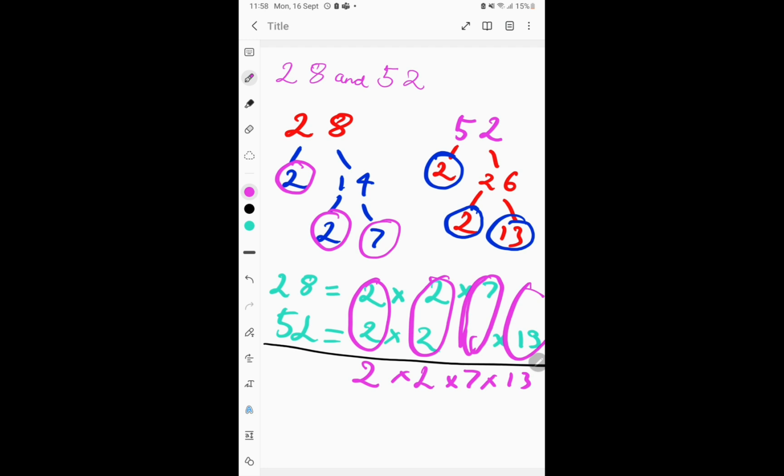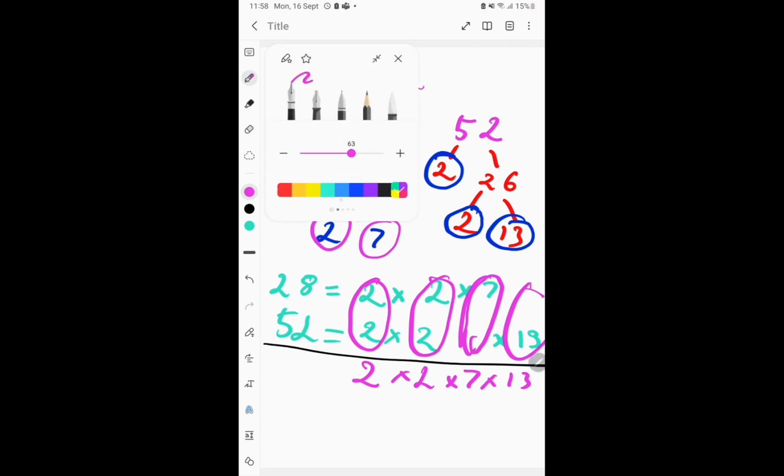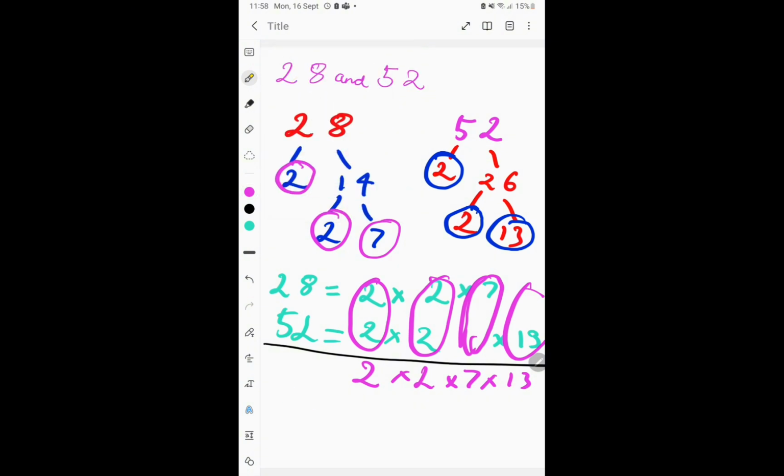We have 2 times 2, which is 4, times 7 is 28, times 13. Well, I'm not sure what 28 times 13 is, so let's come to the side here and multiply. 28 times 13. We will start with 3 times 8, which is 24. 3 times 2 is 6, plus 2 is 8. We are done here and done here. We need a 0.